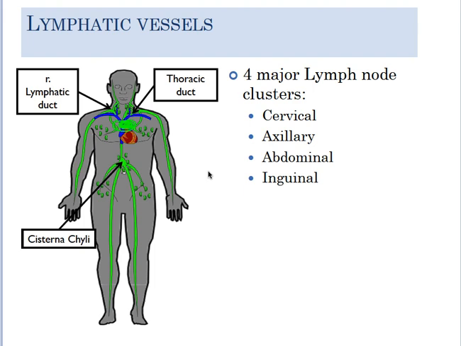But this general idea is that it's going to collect materials from the interstitial fluid inside your body to then route backwards through an open circulatory system. Let's make sure everybody gets that.